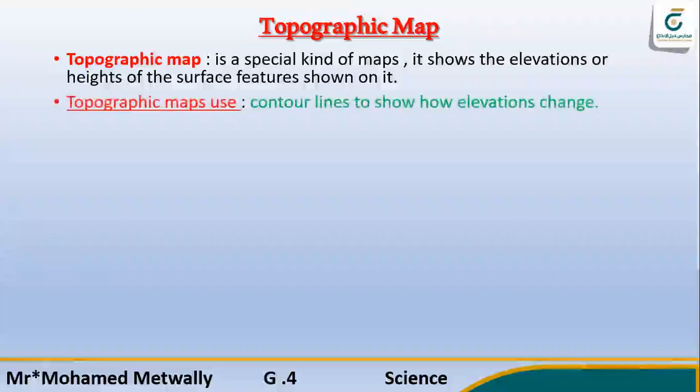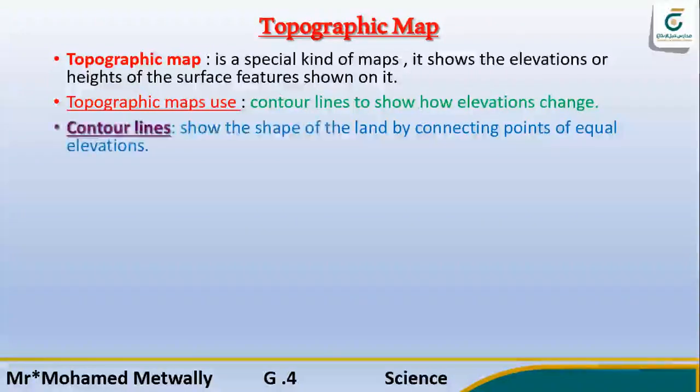Topographic maps use contour lines to show how elevation changes. What are contour lines? Contour lines show the shape of the land by connecting points of equal elevation. The synonym of elevation is height. So we need to know the heights of the features above the Earth's surface, like mountains, hills, plateaus, valleys.